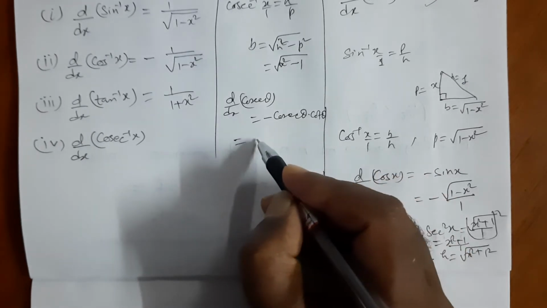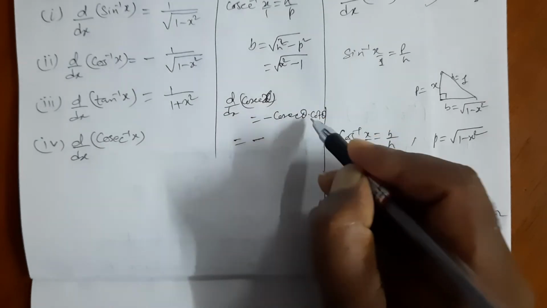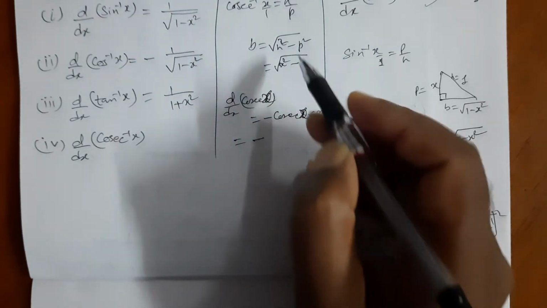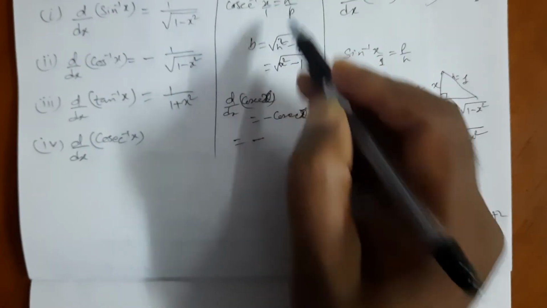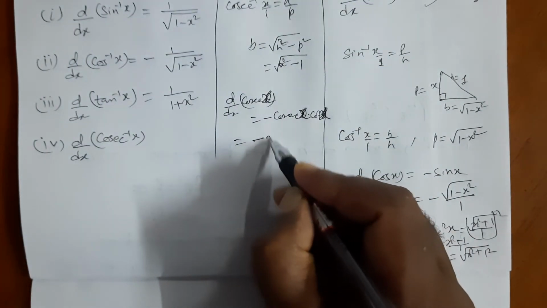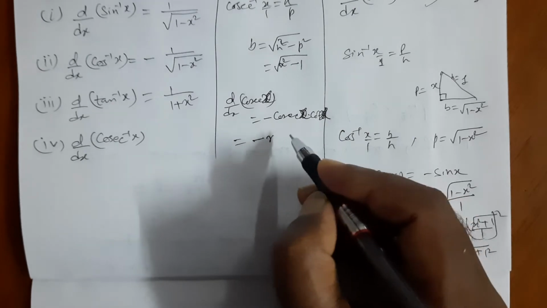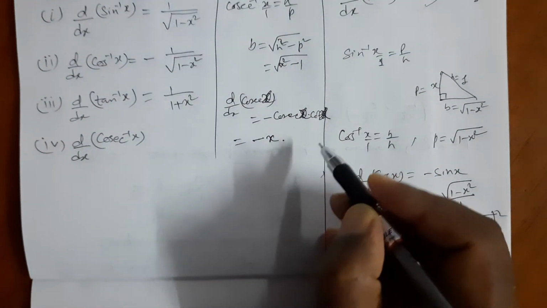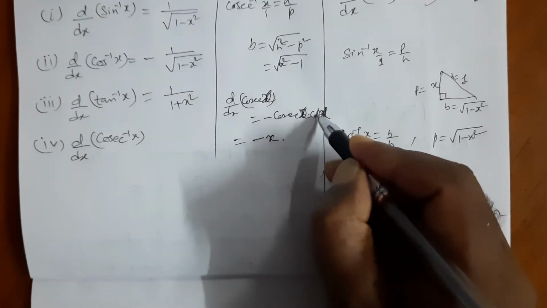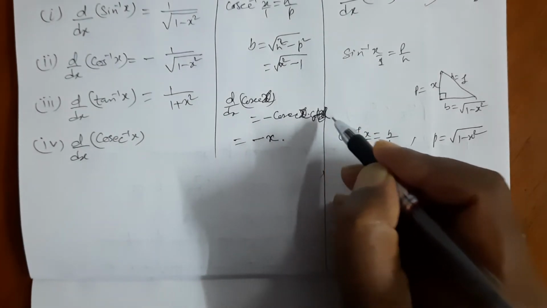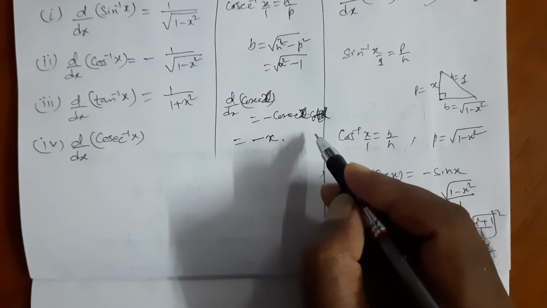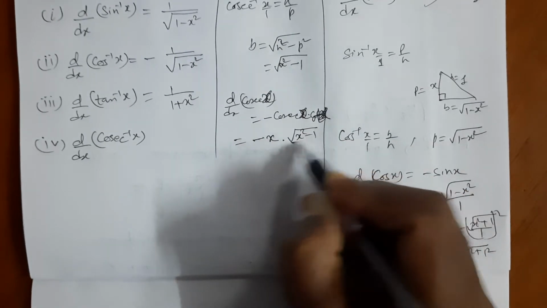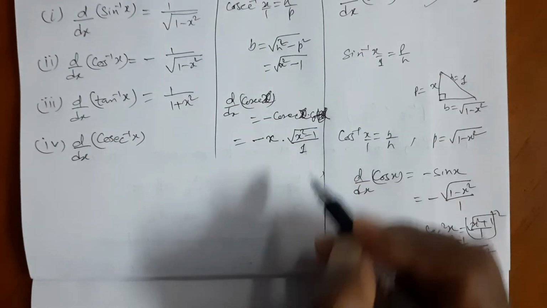Here minus, let's write x so as not to be confused, and cosec x means it is the same x, h over p, and then cosec x times cot x, so cot means b over p, b means it is root over x square minus 1, and p means it is 1.